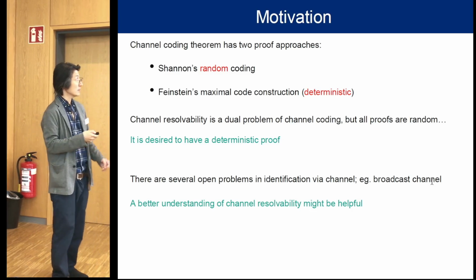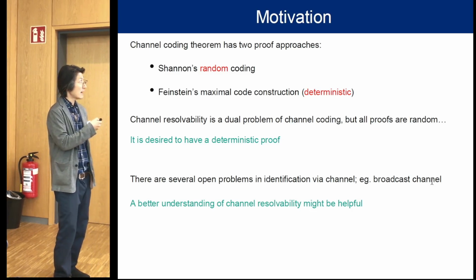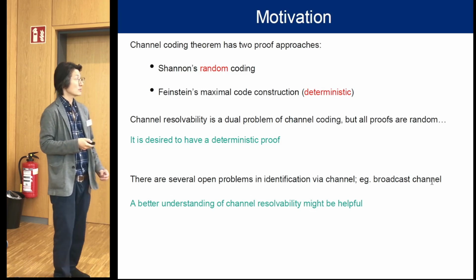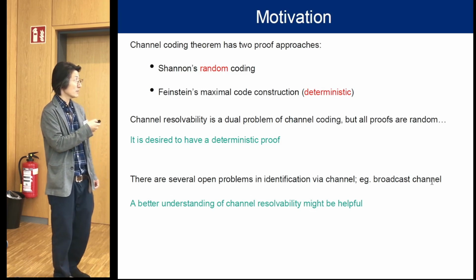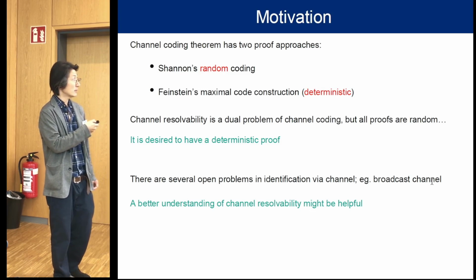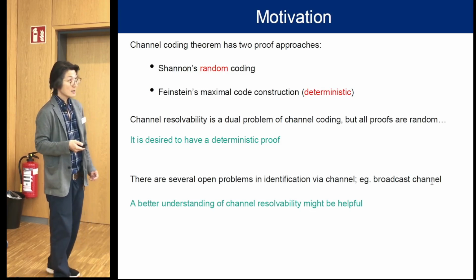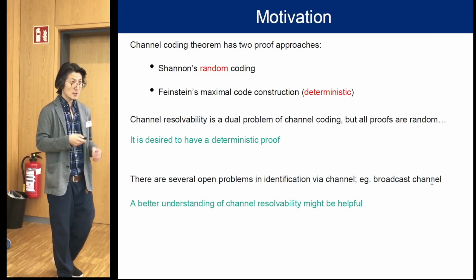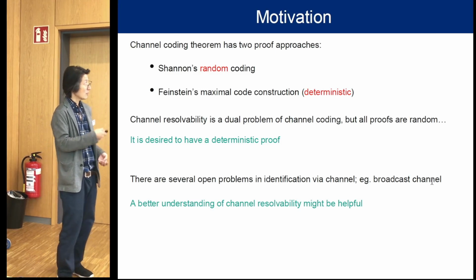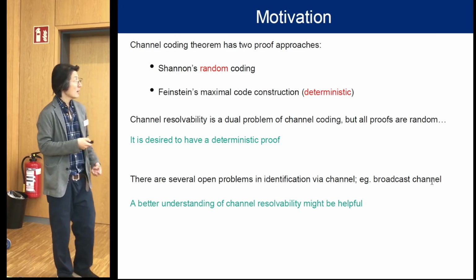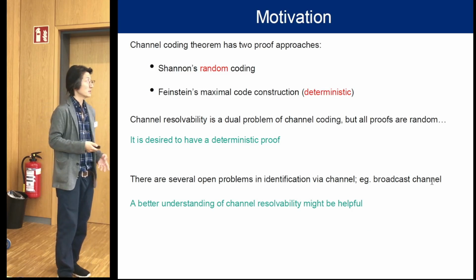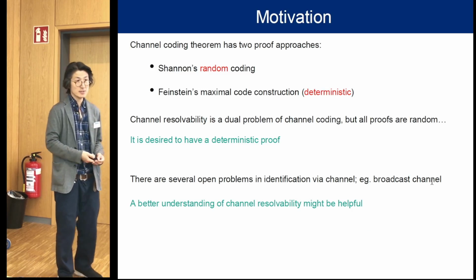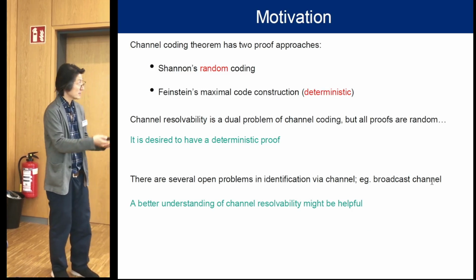Another proof method is known as Feinstein's maximal code construction, and unlike random coding, it is deterministic. It is less known compared to the random coding method, but it is quite important. For instance, it is written in the Csiszár-Körner textbook or the Wolfowitz textbook.